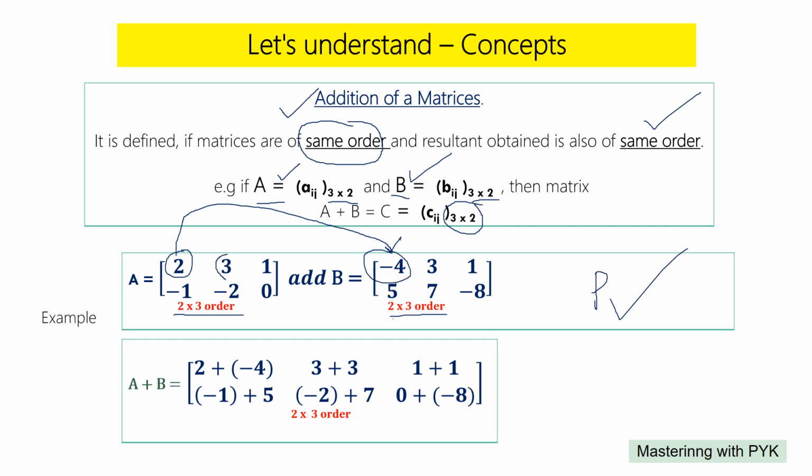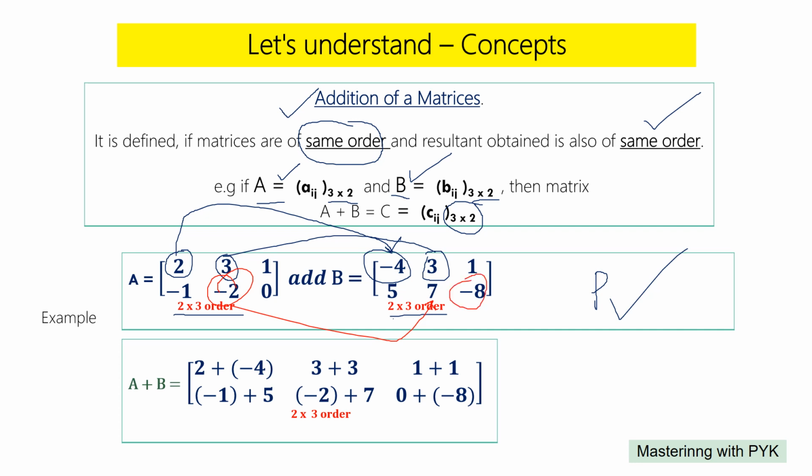A12 would get added to B12. So we get 2 plus minus 4. The second element would get added, 3 plus 3. 1 plus 1, minus 1 would get added to 5, minus 2 would get added to 7, 0 would get added to minus 8, right?